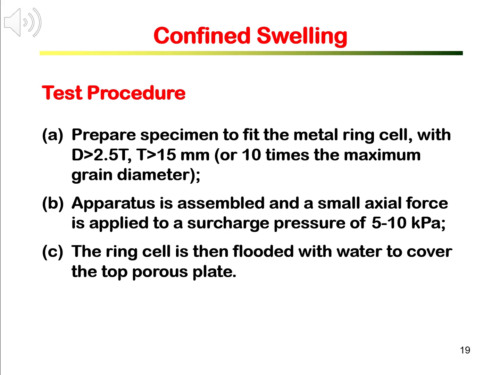The height T of the circular disc should be less than 0.4 of the diameter. The minimum thickness is 15 mm or 10 times the maximum grain diameter of the specimen.